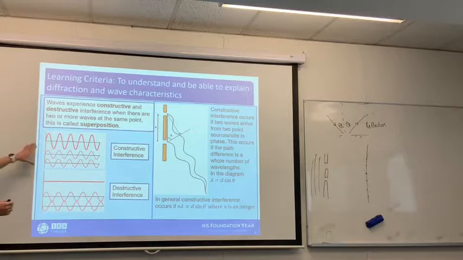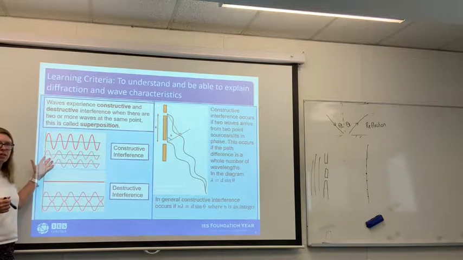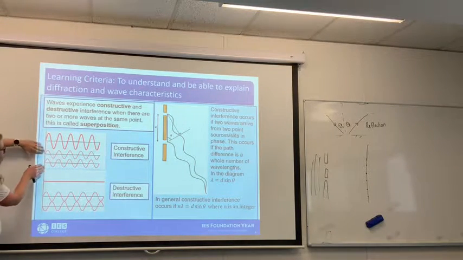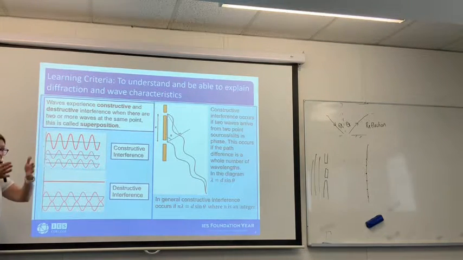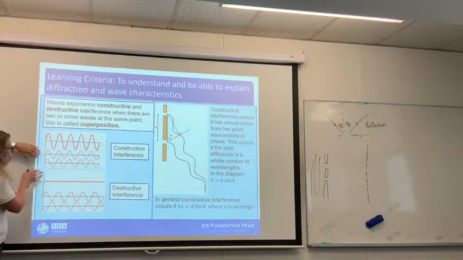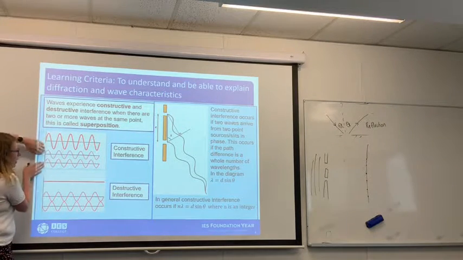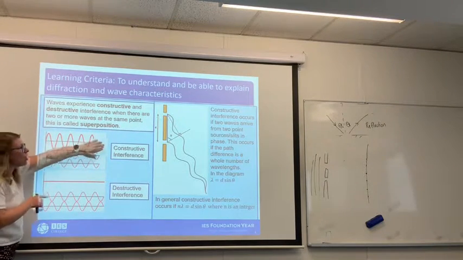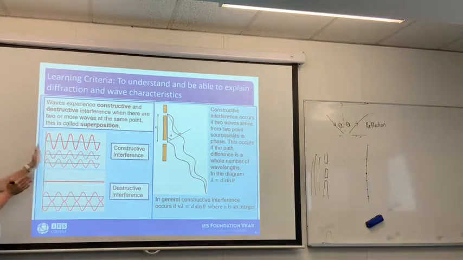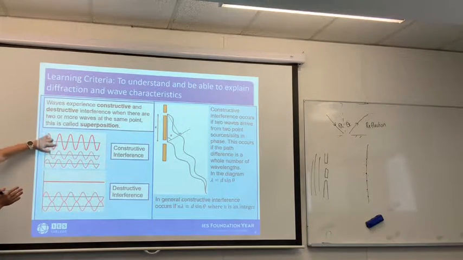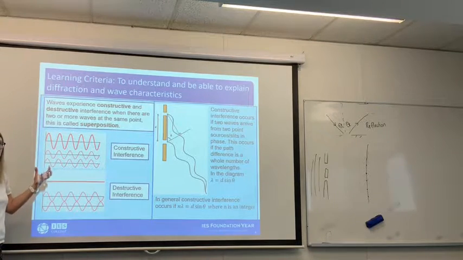So we know about constructive interference. When you have two coherent waves, meaning the same wavelength and the same frequency, moving together, they will constructively interfere when they're superpositioned, put on top of each other, and they will get larger.